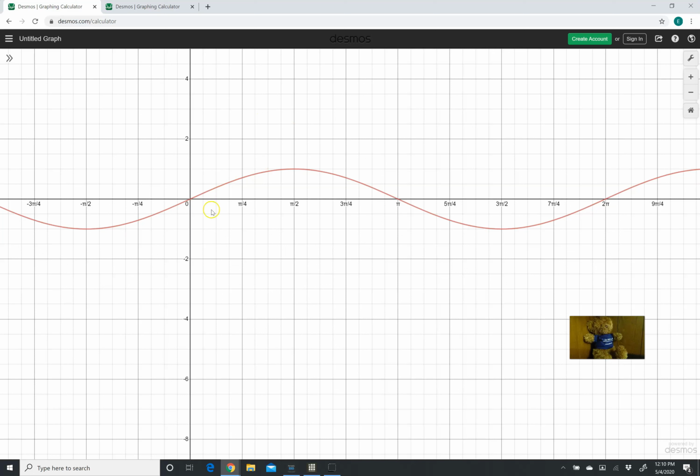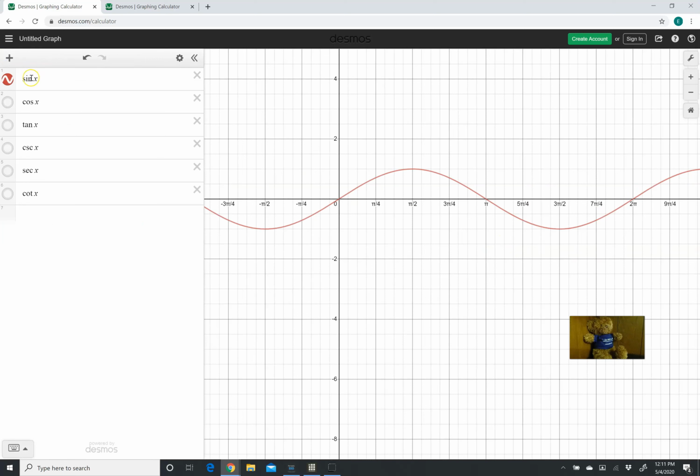The height of the graph is equivalent to the loudness of the sound. Is it a very loud sound or is it a very soft sound? Okay, so a loud sound changes what we call the amplitude. It is a vertical stretch or a vertical shrink. Okay, vertical stretch or vertical shrink.